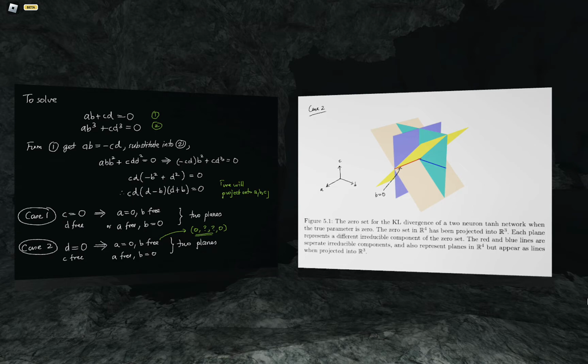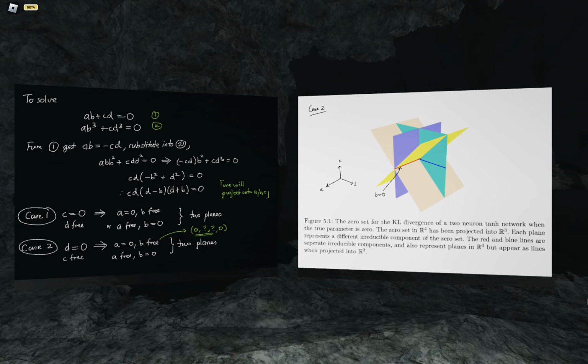Are you sure that you fixed D, the input weight, and not C, the output weight? I'm pretty sure I think I projected D out. Because it just seems like the diagonals come from when B and D have a relationship.